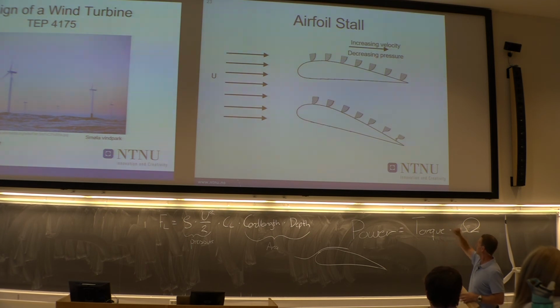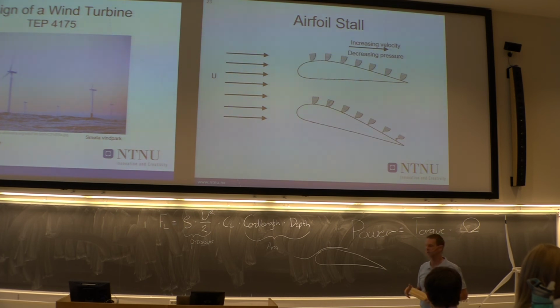So if you look at the upper one, that's what we expect to have. We have a nice boundary layer which is acting all the length of the blade upper surface. But at some point at the trailing edge you will have a boundary layer starting to fail, which means you have a separation on the surface.